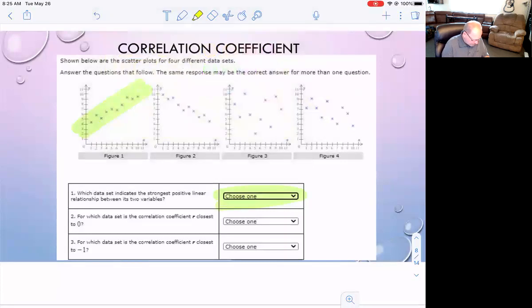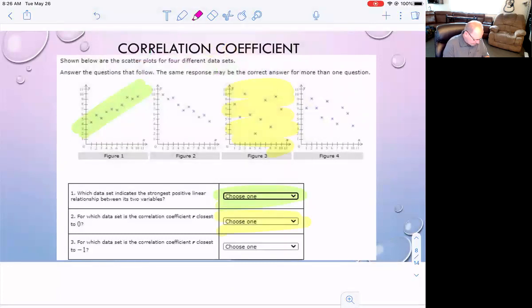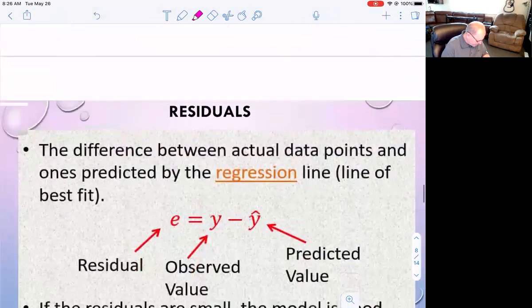Closest to 0. Look right here. In other words, the points are scattered the furthest apart. For which data set is correlation coefficient R closest to -1? Closest to -1. Well, right here. Okay? So hopefully that helped you.